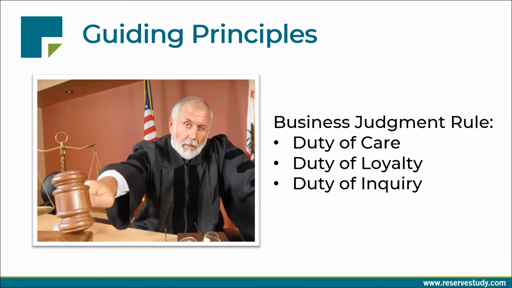So these 3 concepts should be shaping your performance, your execution, your planning about how you react to, well, what do I do now with reserves and funding reserves at your association?